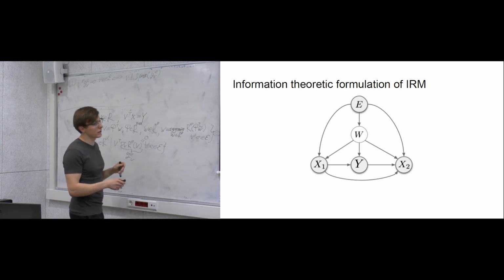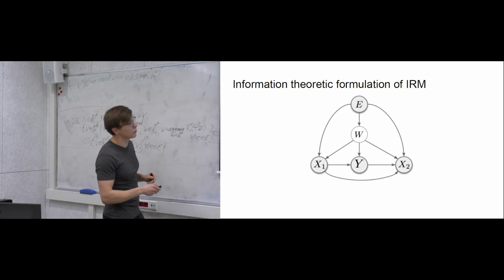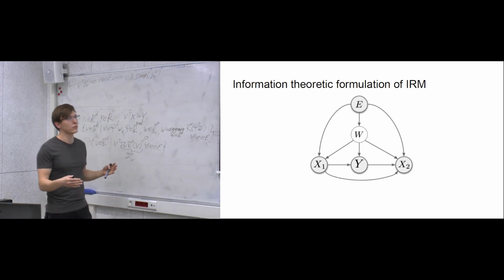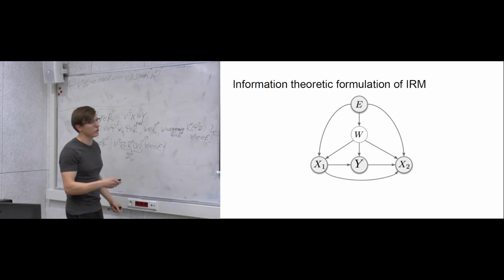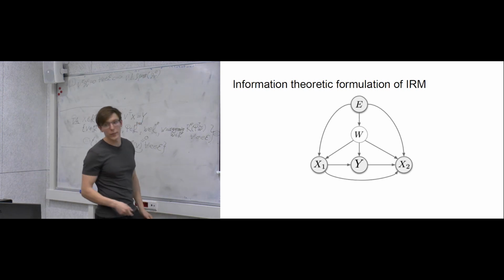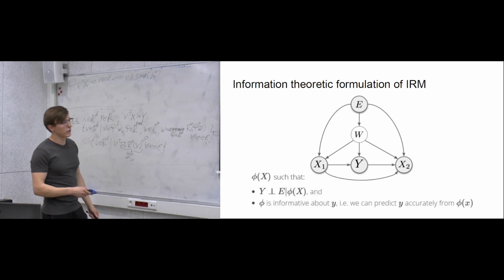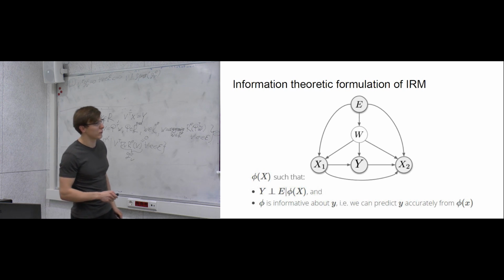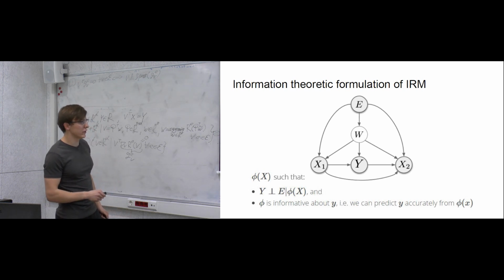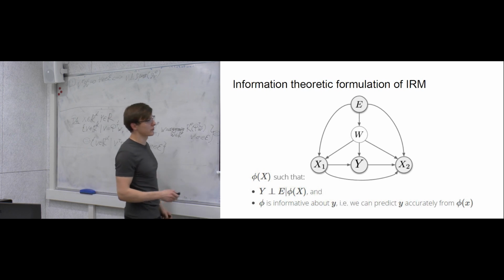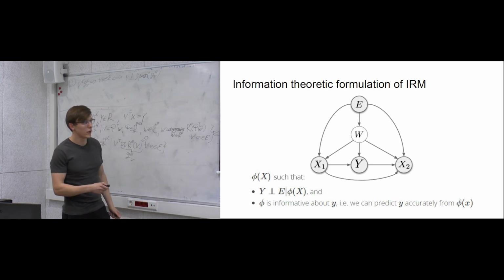Our main assumption is that given causal inputs and noise, we're independent of the environment. This is the main assumption in such a graph representation. Our task is to learn such a representation of our inputs that our output is as independent of environment as possible, and this representation should also be informative about our outputs.